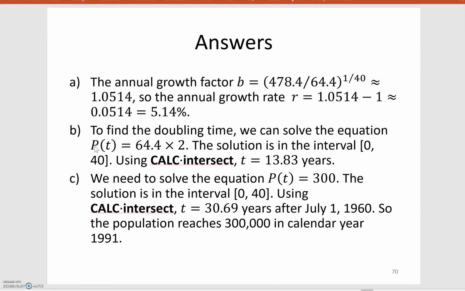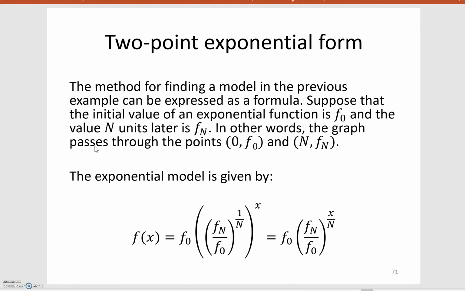Let me go to the relevant slide. We'll go back and finish the problem in a moment, but here's what we just did. The formula: we started with the initial value of an exponential function, f of 0, or f at time 0, and then we took the value n units later, f of n.